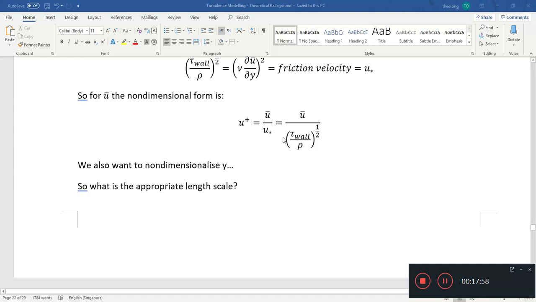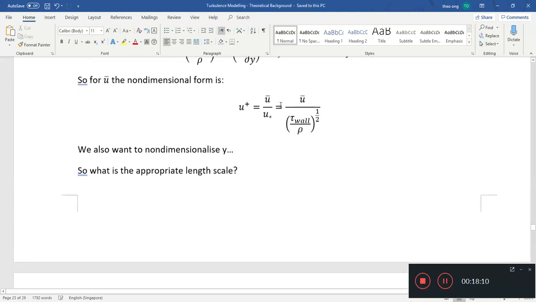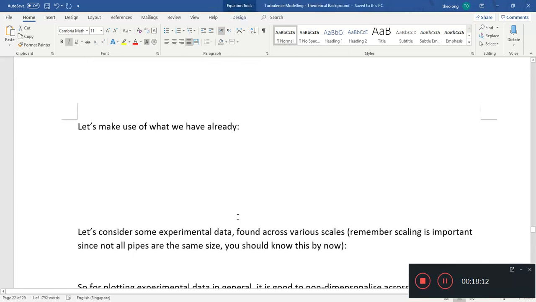For starters, let's make use of what we have already. We have a characteristic friction velocity.